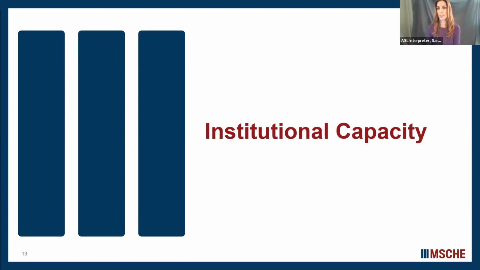Asking these questions can help an institution address its capacity for complying with commission expectations in what we call institutional capacity, which constitutes a major portion of the rubric to be addressed today.